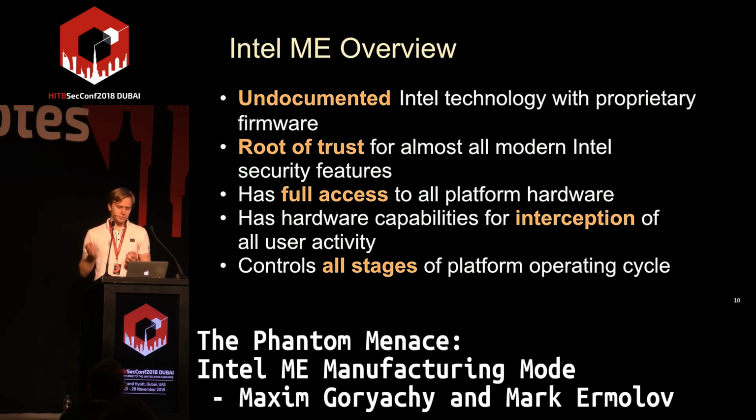And Intel chose Minix as the operating system for this firmware. ME gets started before the main CPU, and its firmware has parts in the PCH built into OTP memory, one-time programmable memory, and in the SPI flash.